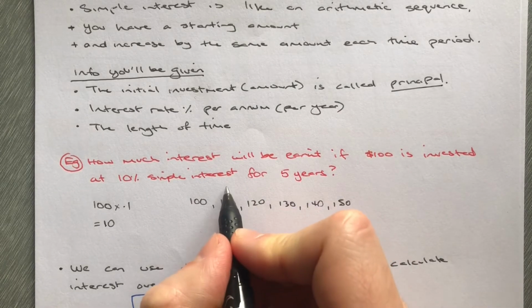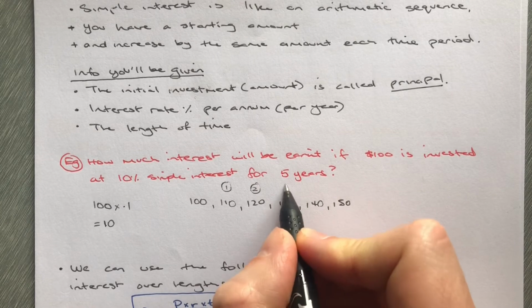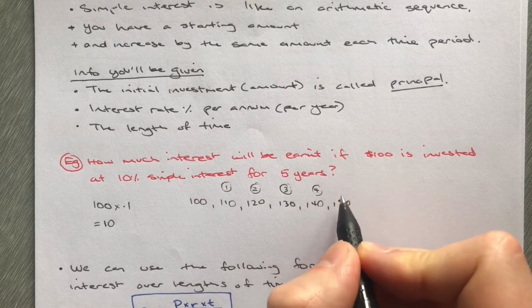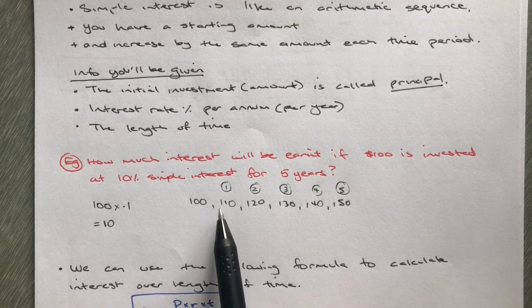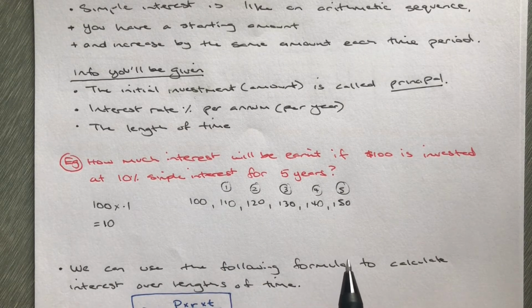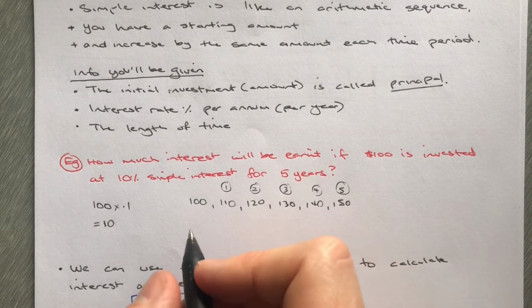So that's what we have after the first year. After the second year, we have that. After the third year, we have that. And there we go. After 5 years, we've gone from 100 all the way up to 150. We can see that that difference is $50, so we earned $50 interest on that original $100 investment.